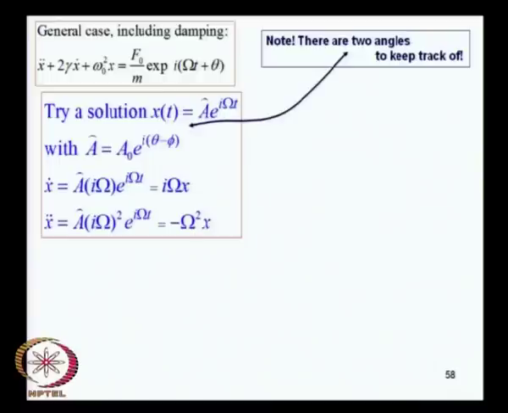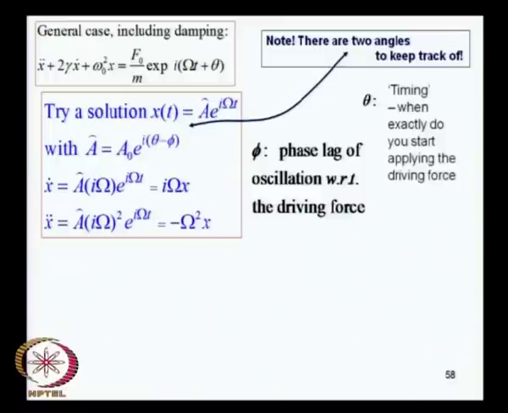There are two angles to keep track of, theta and phi. What theta does is to keep track of exactly when you start applying the driving force, and phi will give you a measure of a further phase lag with respect to the driving force, because it cannot be assumed that the oscillation will be completely in phase with that of the driving force.